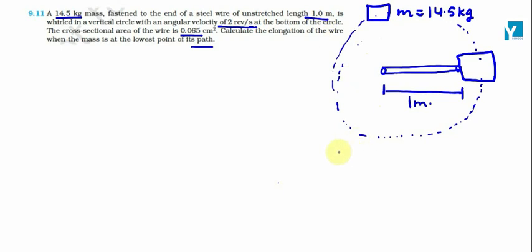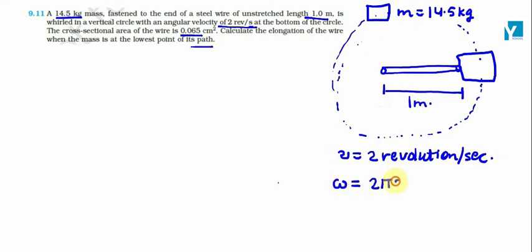The frequency of revolution is 2 revolutions per second. From this we can calculate omega, which is equal to 2 pi nu. So my omega is equal to 4 pi radian per second.